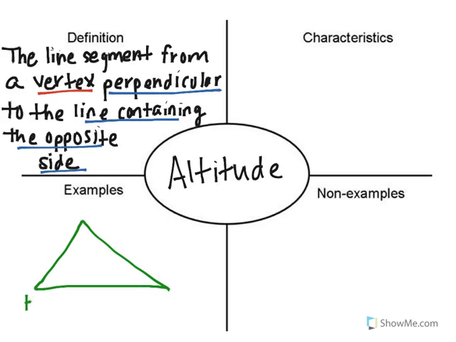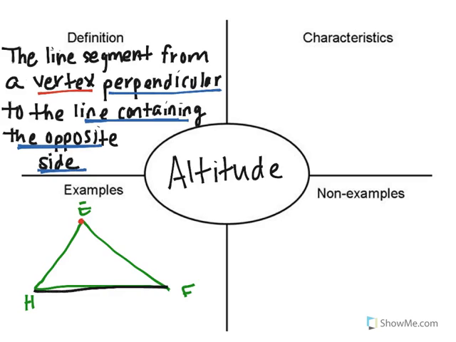So if I have triangle HEF, okay, we're going to draw an altitude from vertex E. From the last example of the medians, we should all be comfortable recognizing that HF is the opposite side of E. But if you notice in our definition, we say that this altitude is perpendicular to the line containing the opposite side.